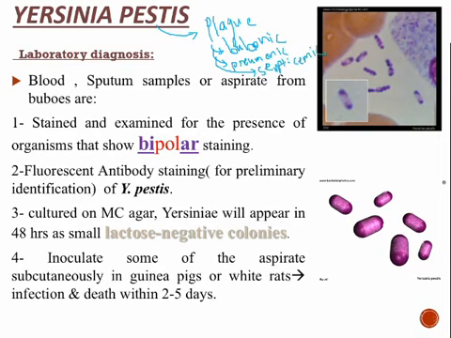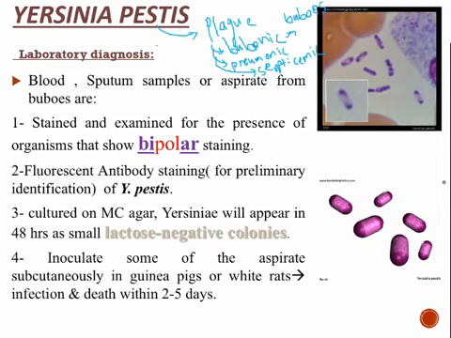In bubonic plague, why do they call it bubonic plague? Because there are buboes. Buboes are enlarged subcutaneous nodules. They originate due to Yersinia pestis causing inflammation in the subcutaneous lymph nodes.